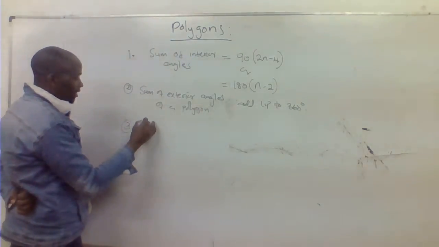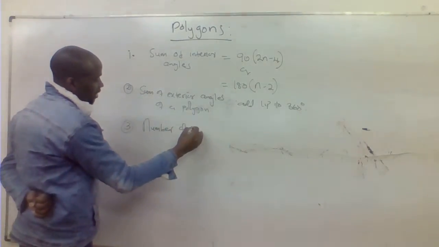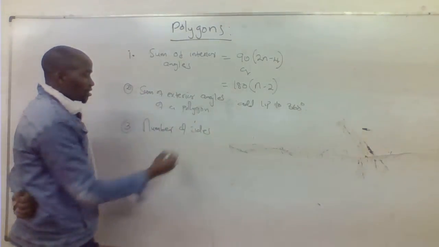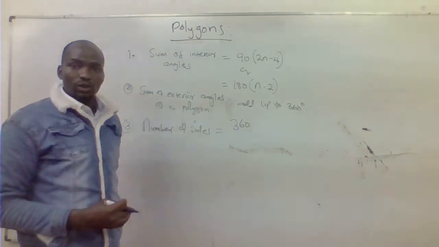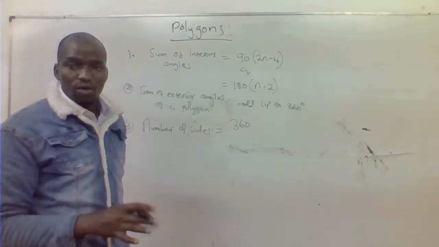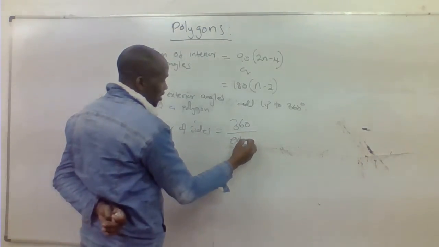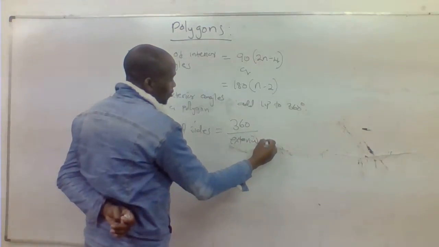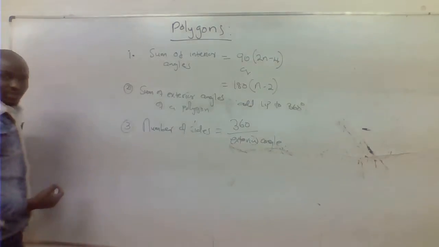To know the number of sides, you need to take 360. Why 360? Because you know exterior angles of any given polygon add up to 360. We divide by one of the exterior angles. That is how we get the number of sides.